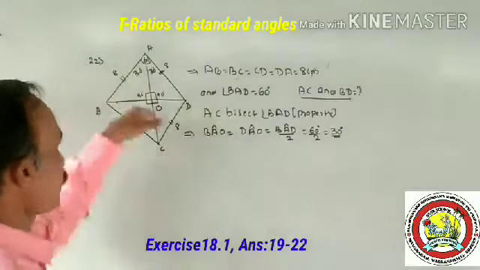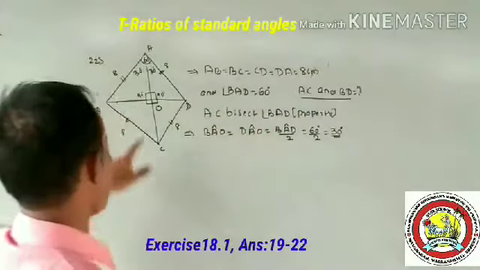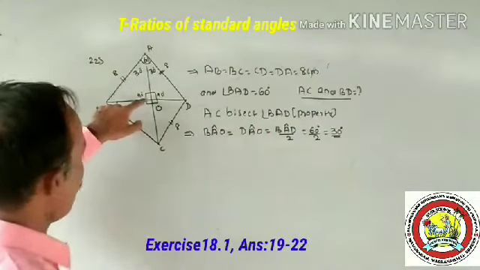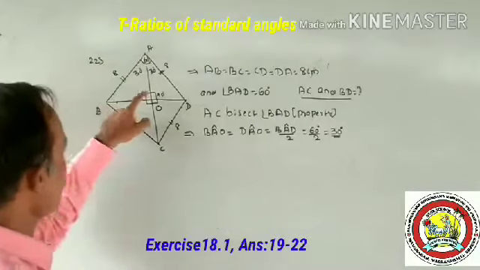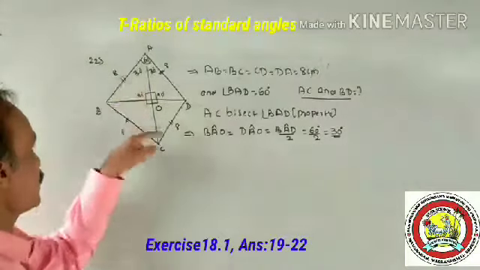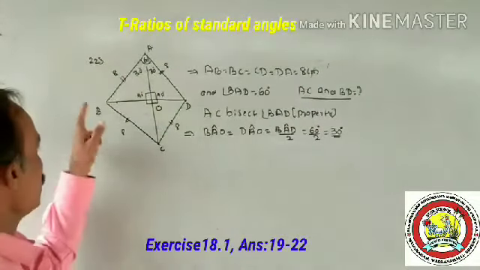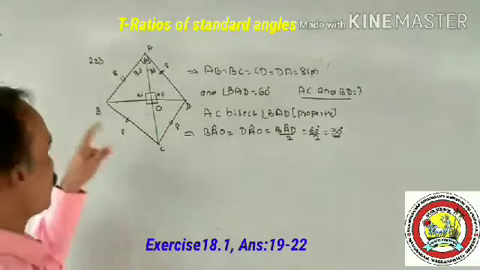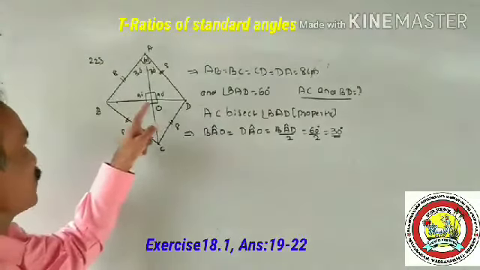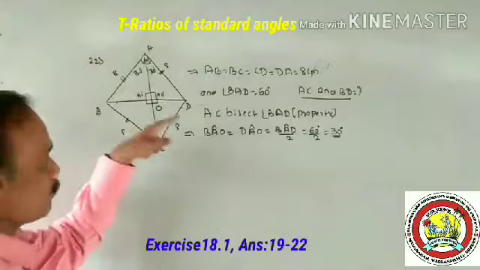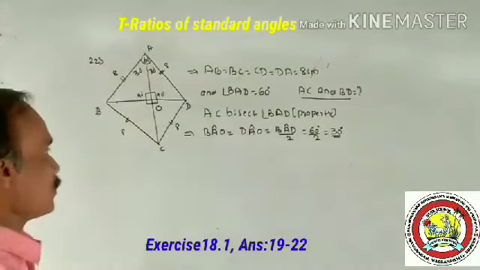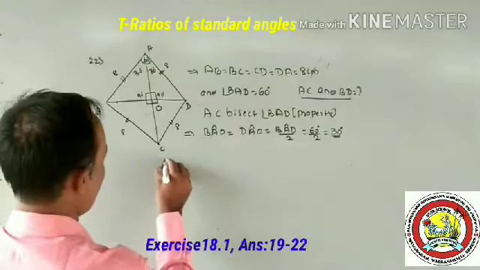The question is to find the lengths of the diagonals. So we should find AO; AO is the same as OC, therefore AC can be written as AO plus OC. Similarly, we cannot find BD directly, first we find BO. BO is the same as OD, and BD is equal to BO plus OD.